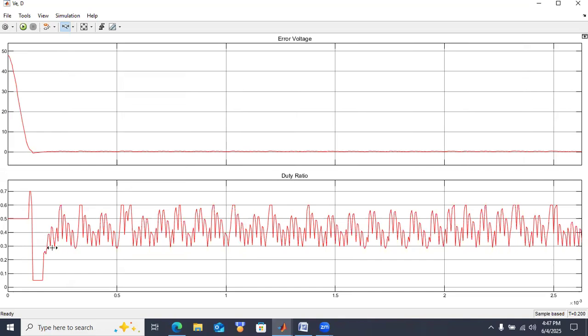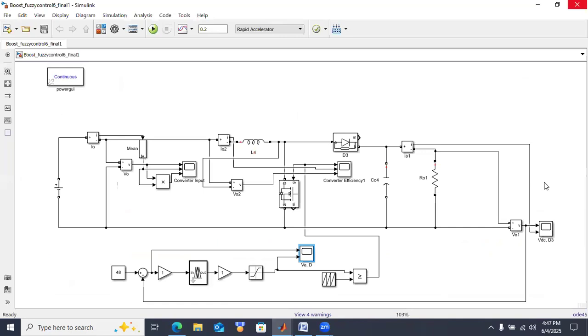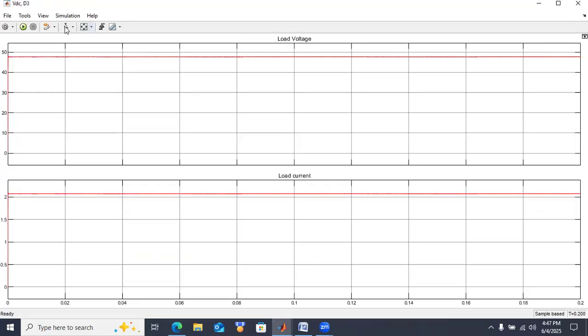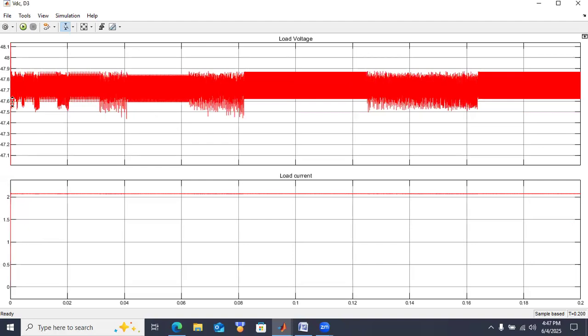The duty ratio is oscillating between 0.3 to 0.6. Okay, and this is the output voltage. Compared to the PI controller, the oscillations are less. 47.62 to 47.85, so 0.25 volt ripples are there.